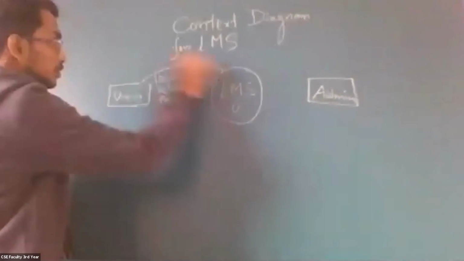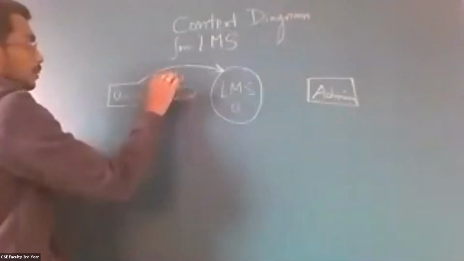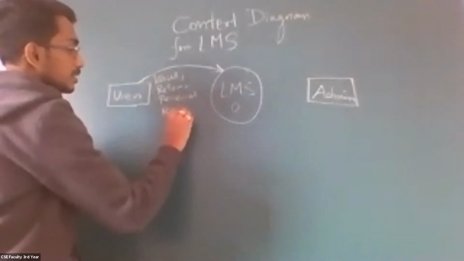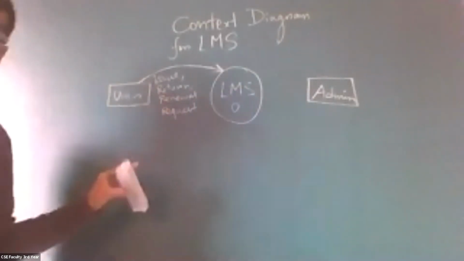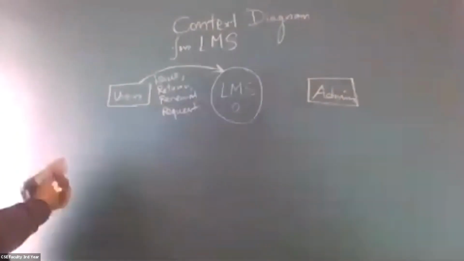Suppose the data flow is denoting that issue, return, and renewal request to the library management system. Is that clear? Is it visible clearly? No, sir, it's blur. It's blurred, na? Okay.